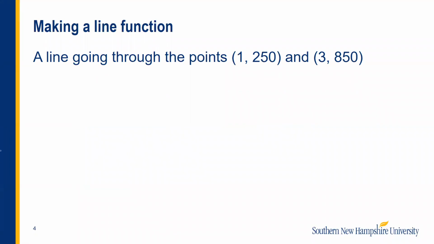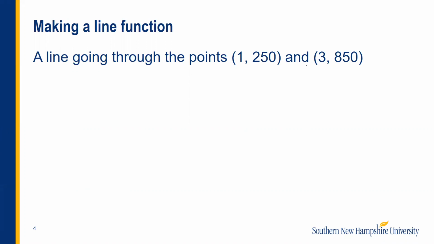And there is a video that will be in the video description that explains how to figure out if something is correlated visually or with the correlation coefficient. So that should be the first step before moving on to creating the linear regression equation. But we're going to make a line function based on 2 points. So let's say, for the sake of this example, that x and y are correlated.